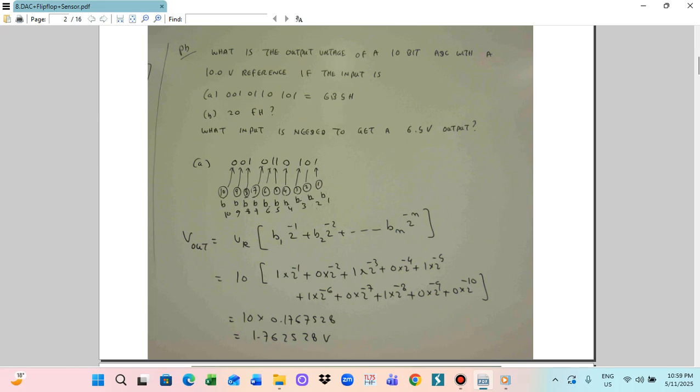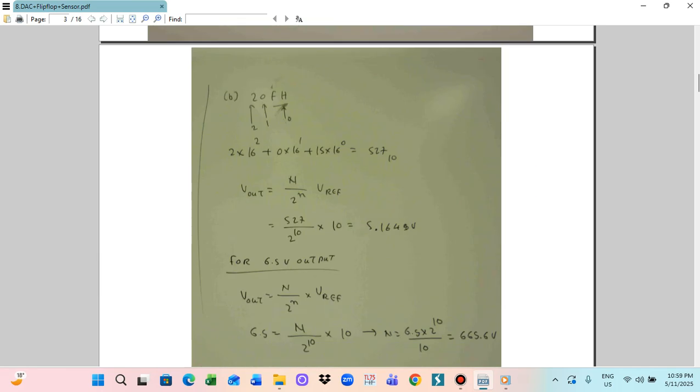So this is 0.0101001. That's done. Another one we also need to calculate is for 20FH. The FH is position 1, and this is position 0.